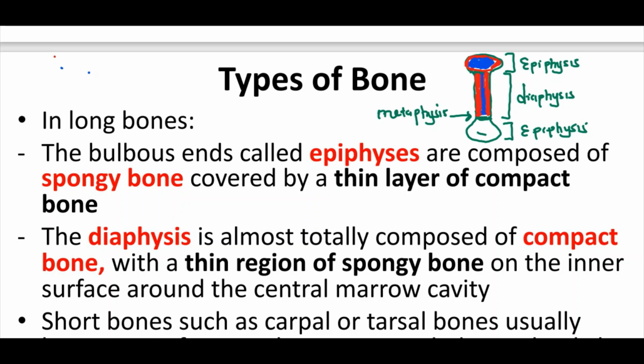So the diaphysis is almost totally composed of compact bone. As you can see, the one that is in red here is compact bone, and a thin region of spongy bone on the inner surface around the central marrow cavity. So where the bone marrow is, it is in the spongy bone.